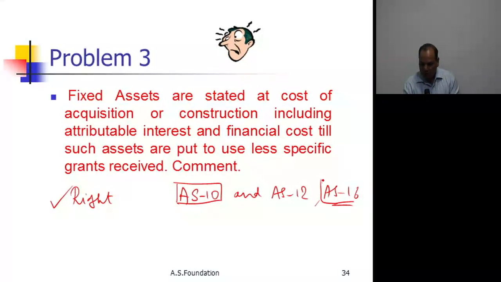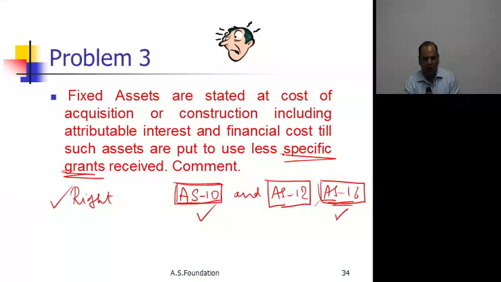As per AS16, if an asset is a qualifying asset, then borrowing interest cost must be capitalized. वो भी आपने सही किया है. As per AS12, if any grant from government is received specifically related to a fixed asset, then that should be deducted from the cost of the fixed asset. Because then to that extent the fixed asset has been financed by the government.